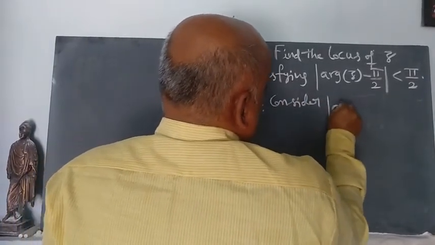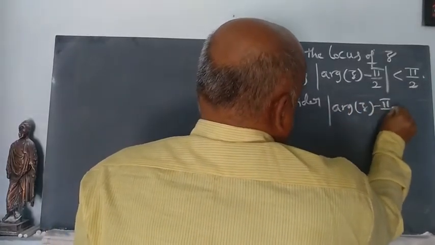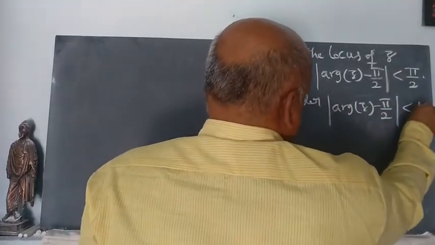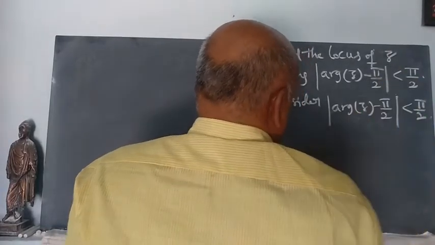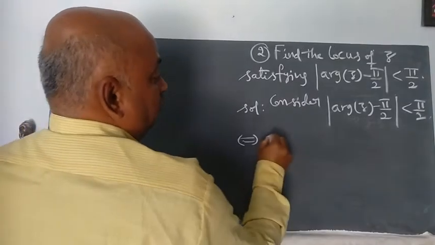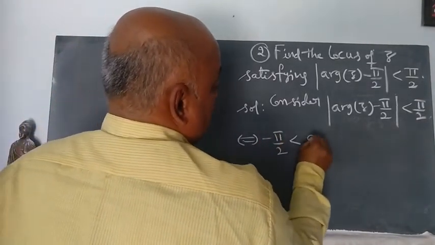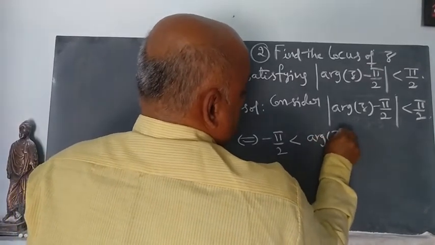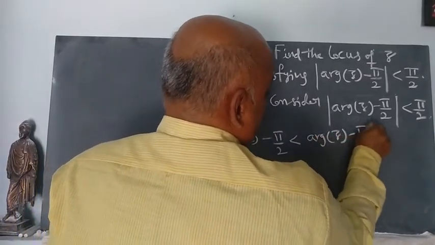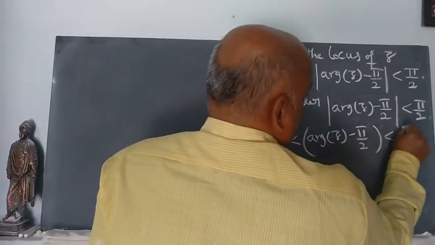Consider mod argument of z minus pi by 2 is less than pi by 2. This implies minus pi by 2 is less than argument of z minus pi by 2, which is less than pi by 2.